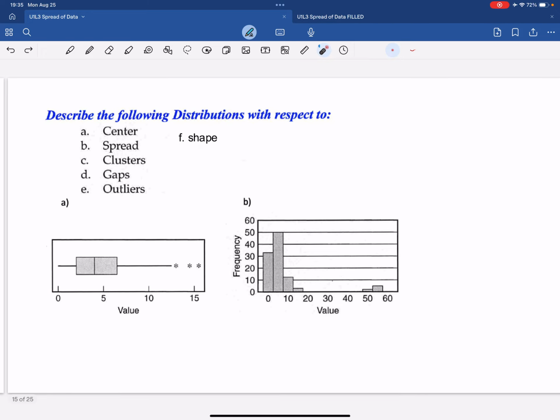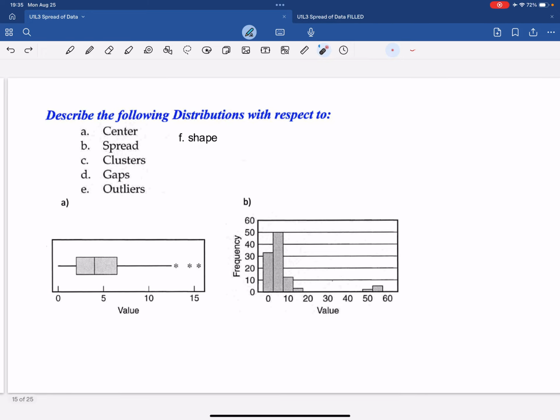So for A, let me add to this. If we look, this looks like a skew right for the shape. The center is this value, this is our median, so maybe 4.